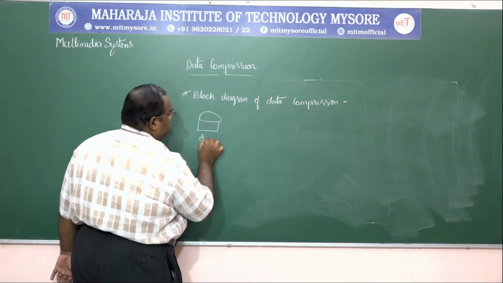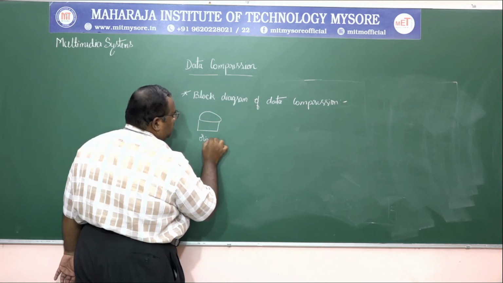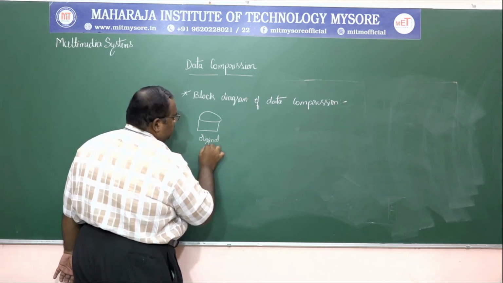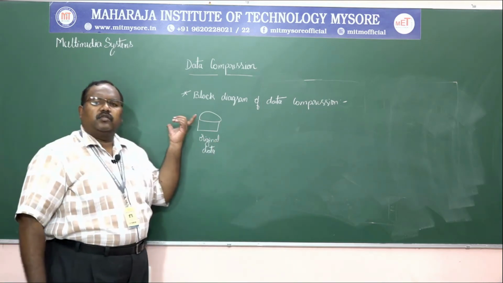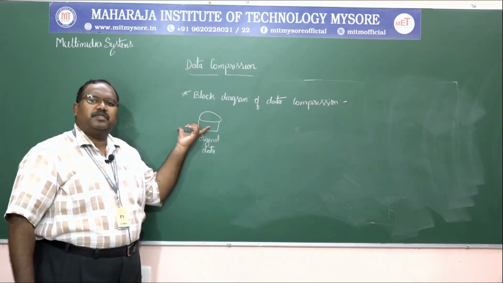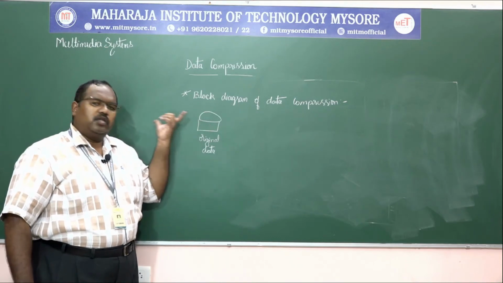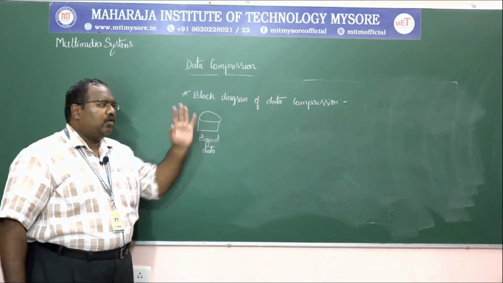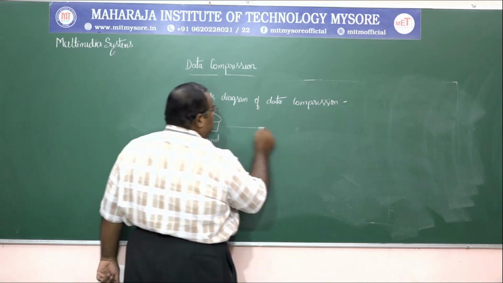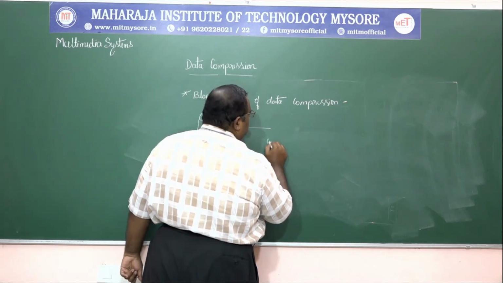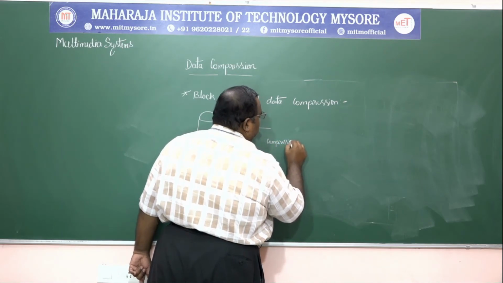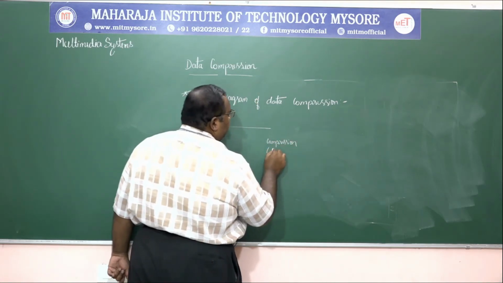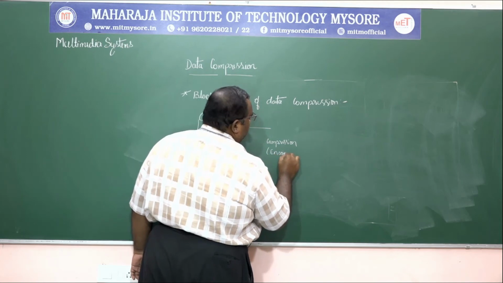This is called original data. We know that a database is always represented in a tumbler shape. Now the original data is encoded. That is, compression is done, and that process is called encoding.